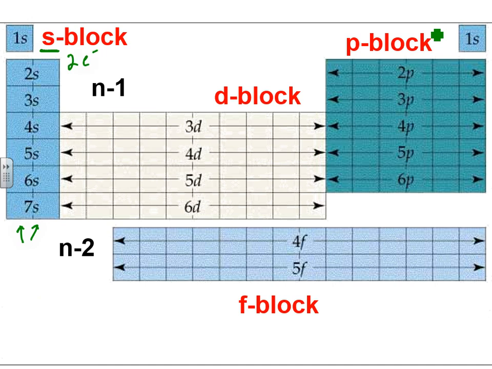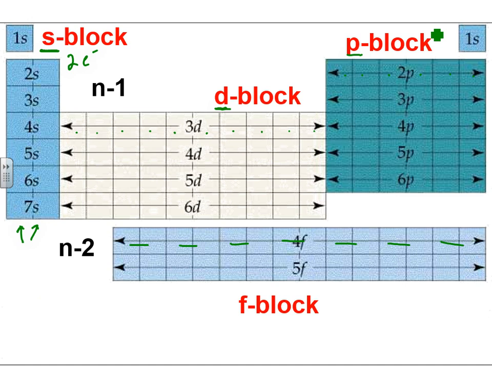The D subshell, right in the middle, will hold 10 electrons. 1, 2, 3, 4, 5, 6, 7, 8, 9, 10. That's because the D subshell can hold 10 electrons. The P block is on the right, and it holds 6 electrons. 3, 4, 5, 6. And then finally, the F block down here holds 14. 2, 4, 6, 8, 10, 12, 14.